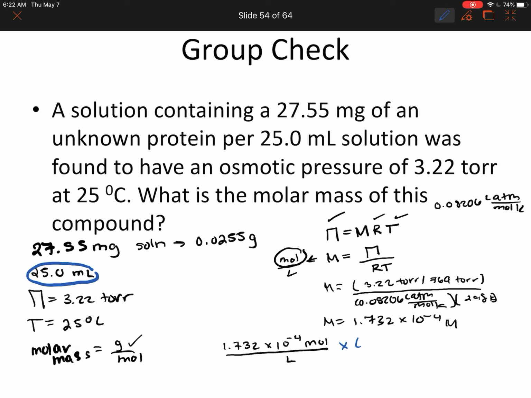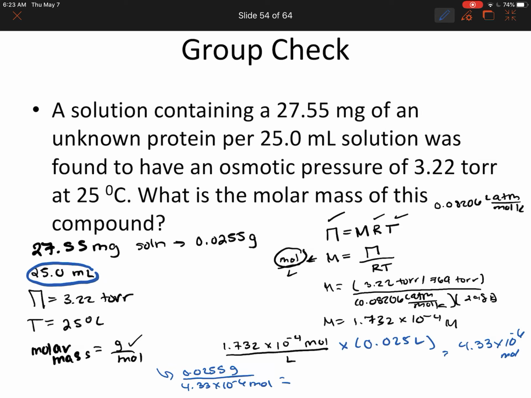How can I get that? Well, I have my milliliters of solution, so if I multiply this by my liters, what's 25 milliliters in liters? Well, divided by 1,000, you get your liters. 0.025 liters gives you 4.33 times 10 to the negative 6 moles.